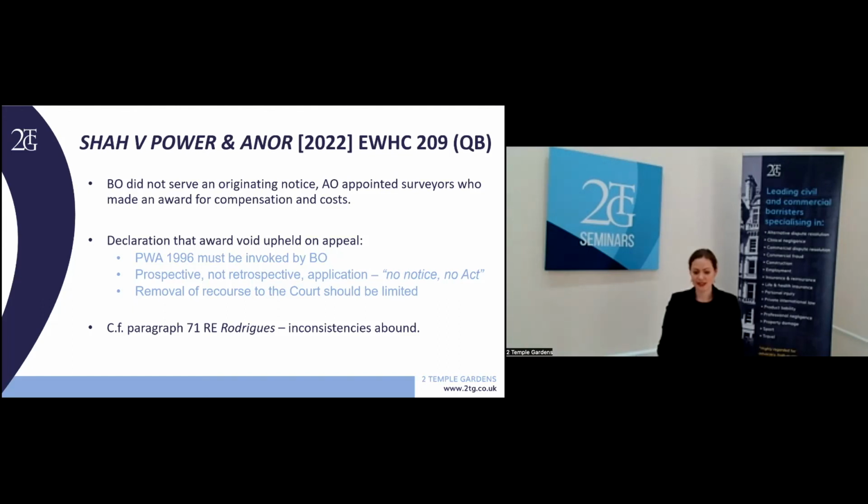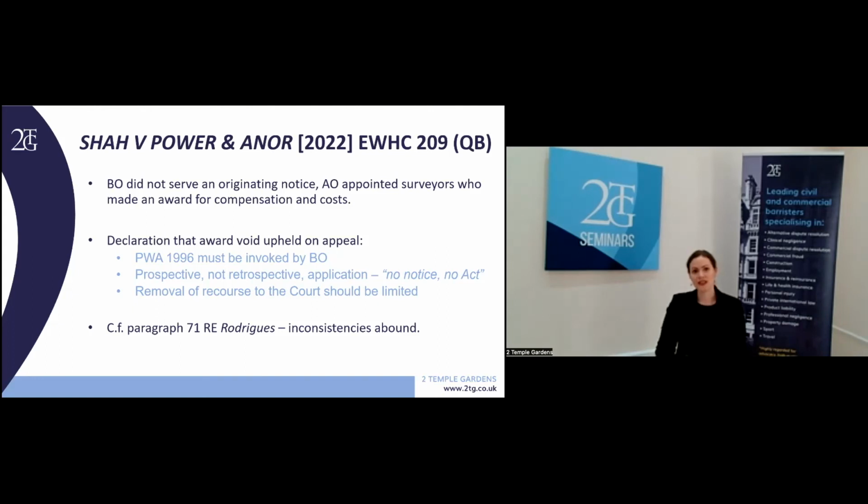Now, at first instance, a declaration was granted that the purported award was null and void for want of jurisdiction, because no dispute had arisen under the provisions of the Act. This wasn't an Act scenario. This judgment was appealed, but the declaration was upheld by the High Court.